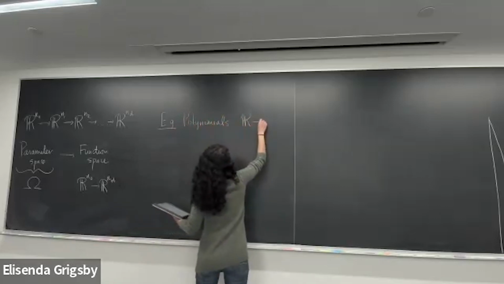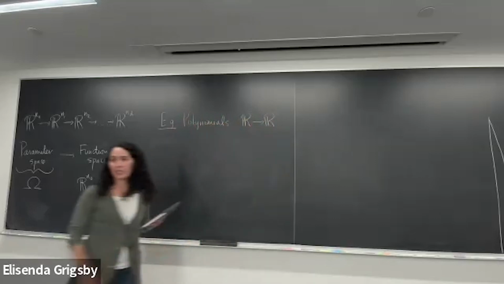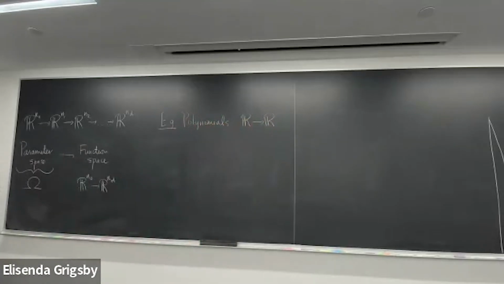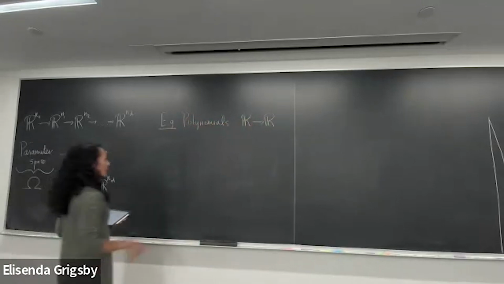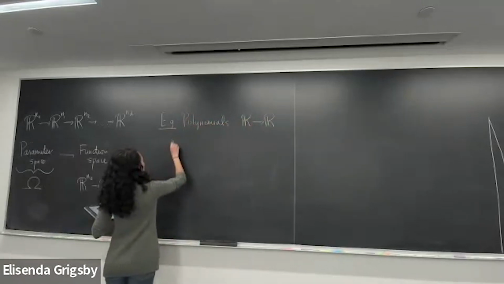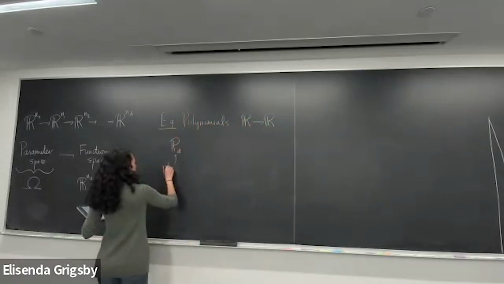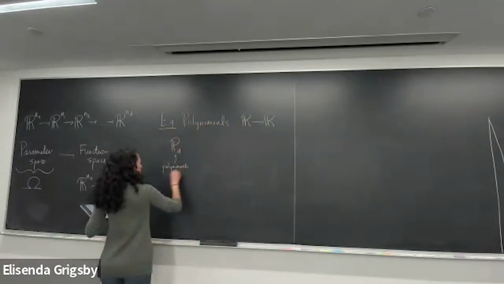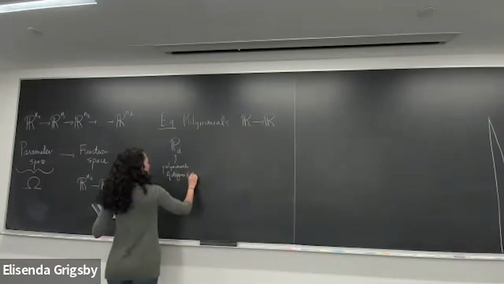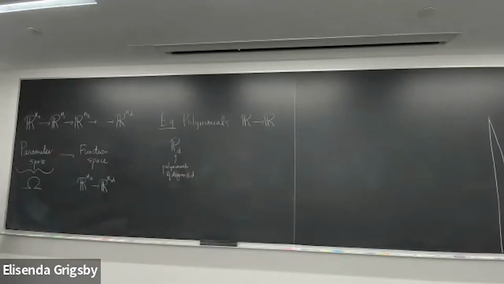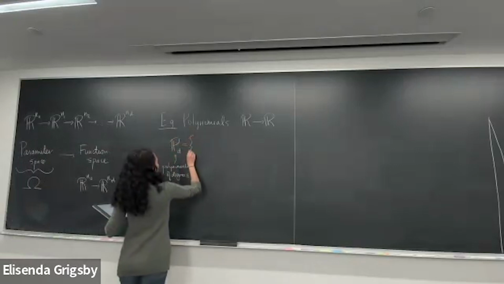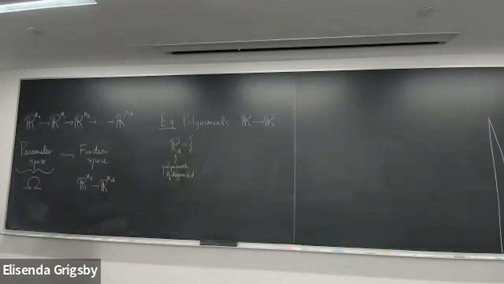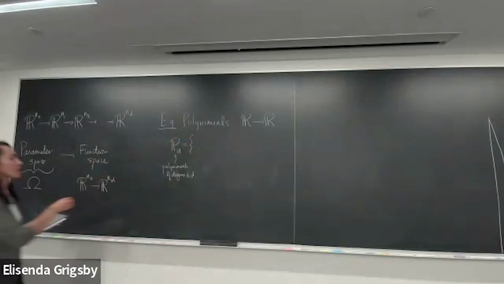Say single variable polynomials, just to be really concrete, as a function class. Let's say P_D represents polynomials of degree at most D. Well, this is a vector space, and the coordinates of the vectors are the coefficients of the polynomial.